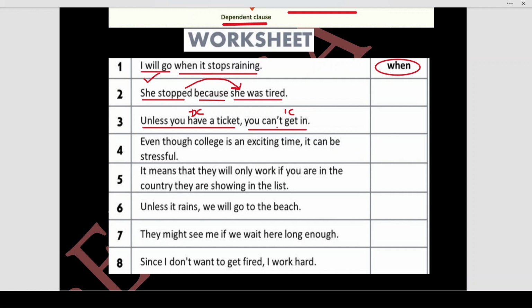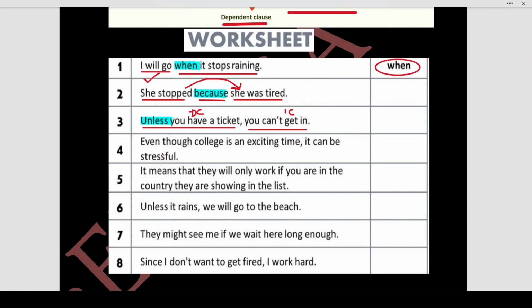But these two sentences, to make it more meaningful, we add the subordinating conjunction unless over here. Like over here in the second one we used because as the subordinating conjunction, and in the first one we used when. Then only these three sentences, after joining the subordinating conjunctions, made sense.